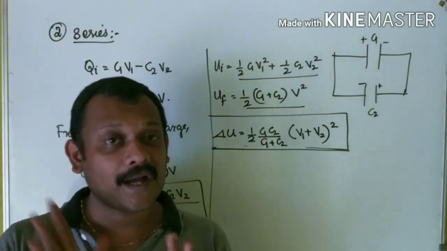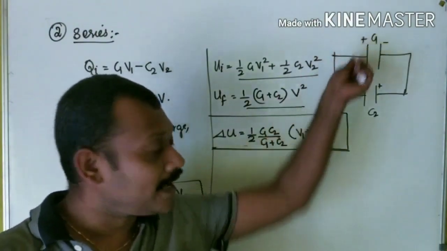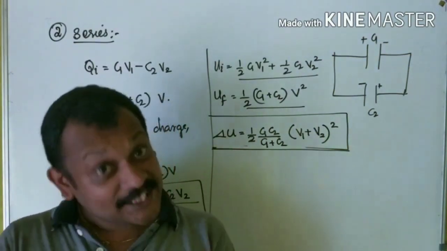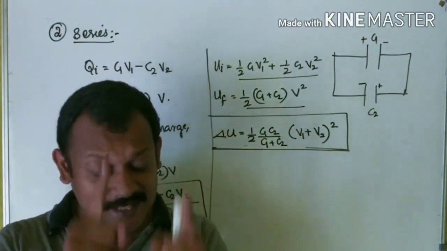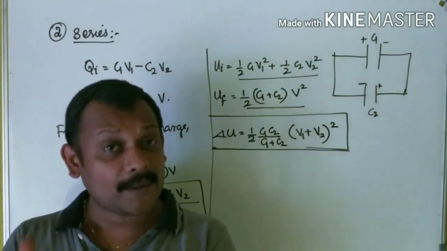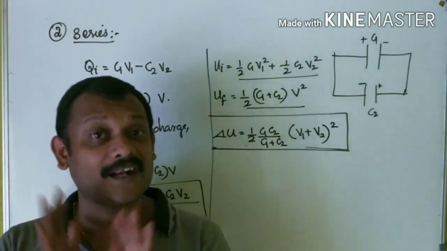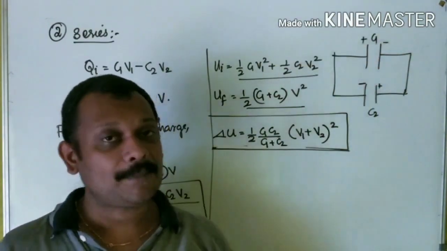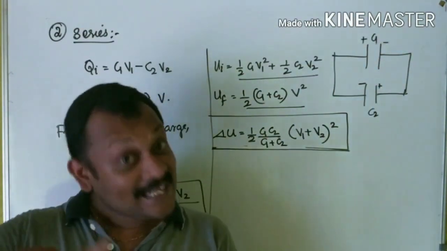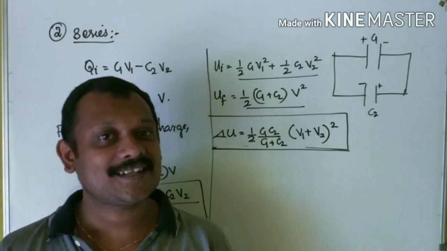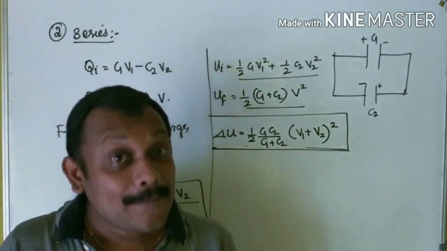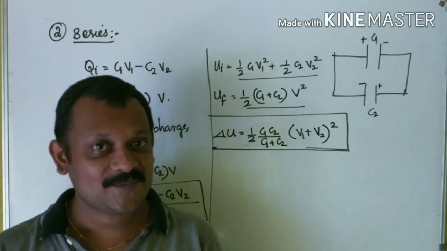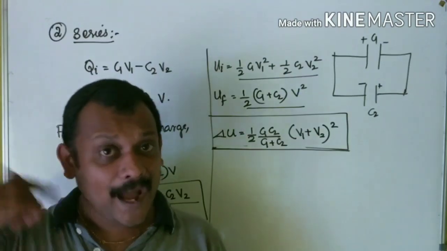Positive plates of both capacitors connected together, and negative plates of both capacitors connected together, means parallel connection. Then what about series connection? Positive plate of one capacitor is connected to the negative plate of the second capacitor.